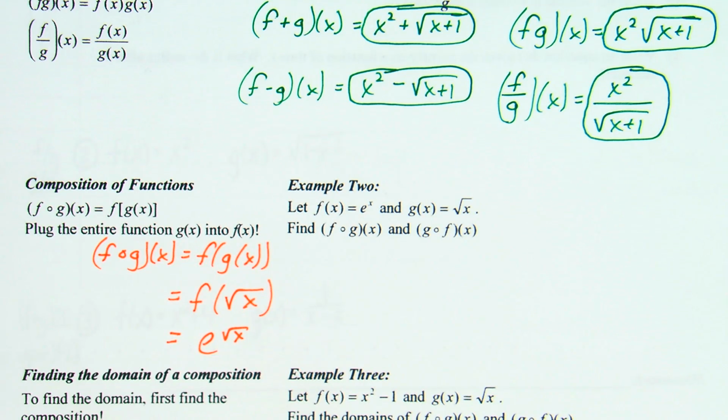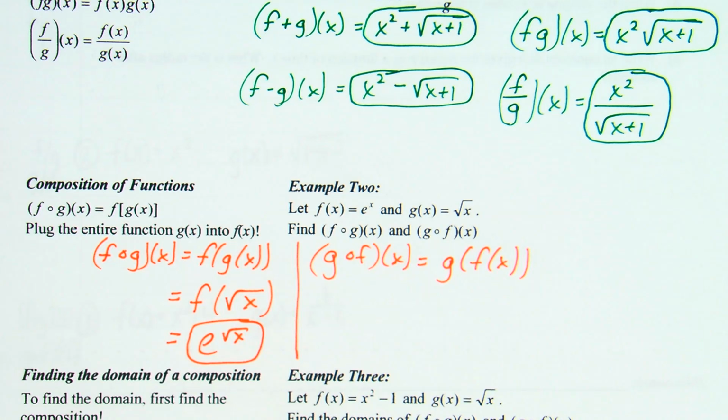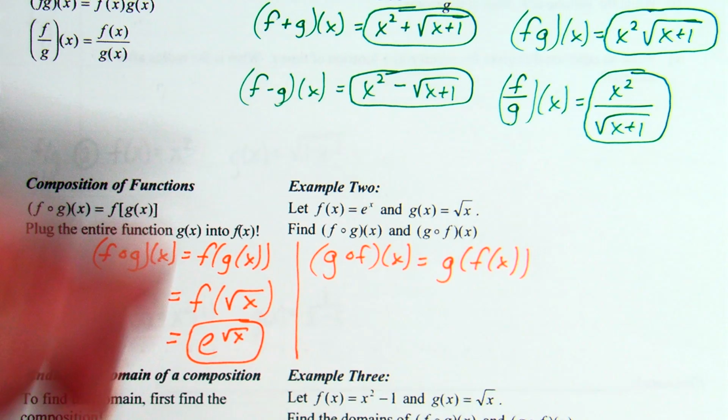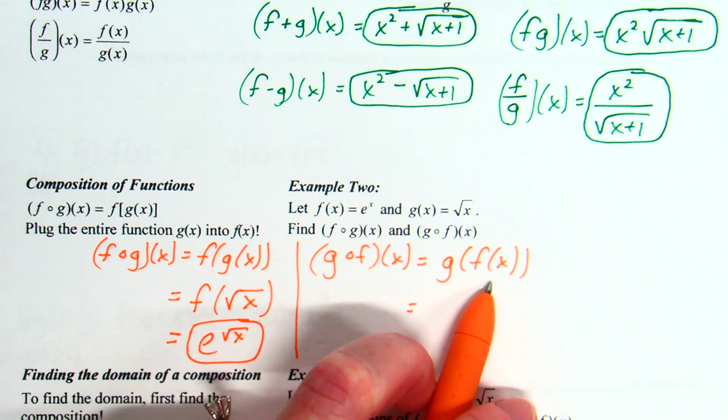Now, let's reverse this. They also asked us to find gof. If I'm going to write this out, gof means I'm going to say g of f of x. Thoughts on what that means? Whatever f is goes into g.